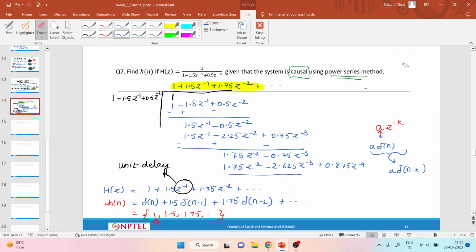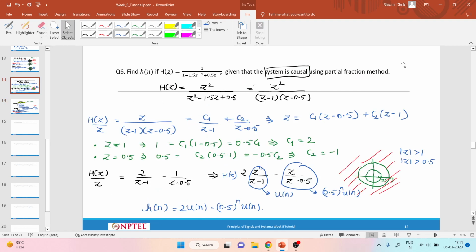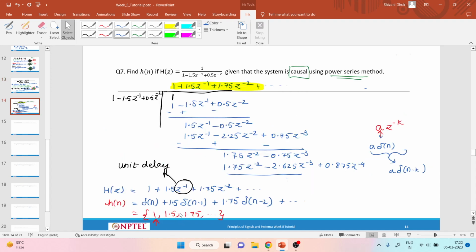Here, any method we can use, be it power series or partial fractions. Both will give you the same answer. The only thing is, if I have a simple function which is easy to factorize, then it is easy to go with this format because it gives me a closed form. Here I am not getting a closed form, I am just getting a sequence.